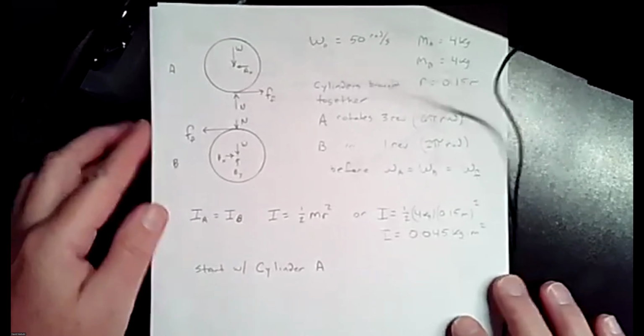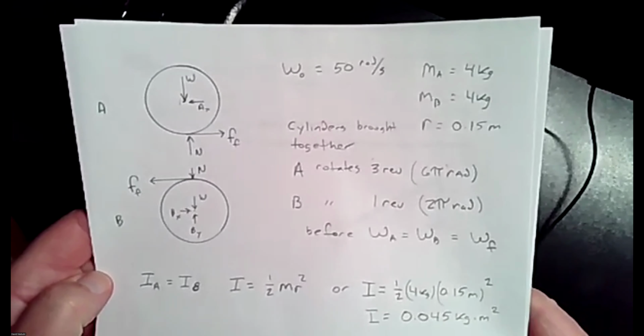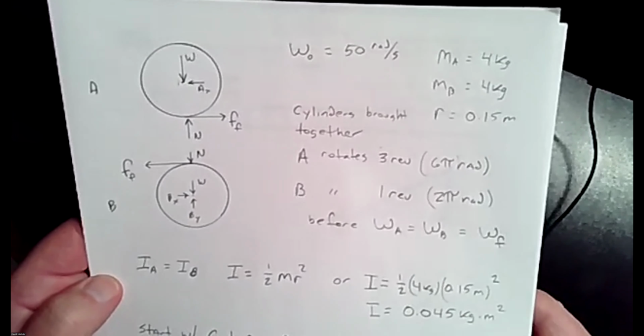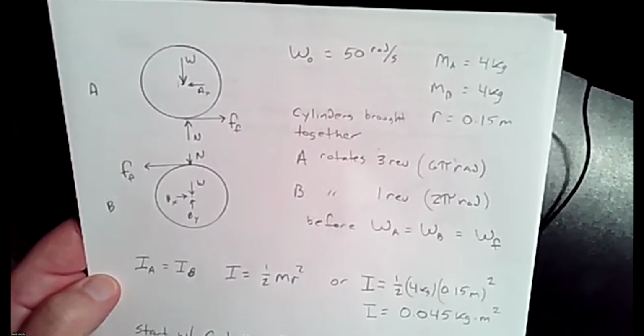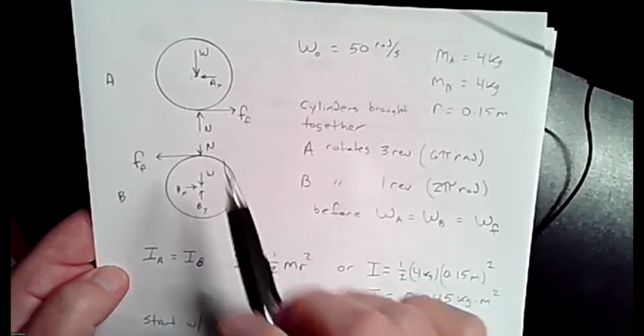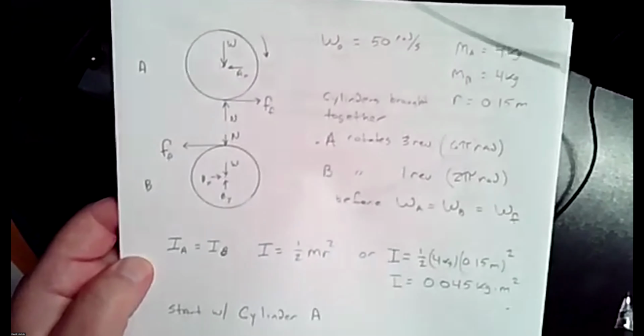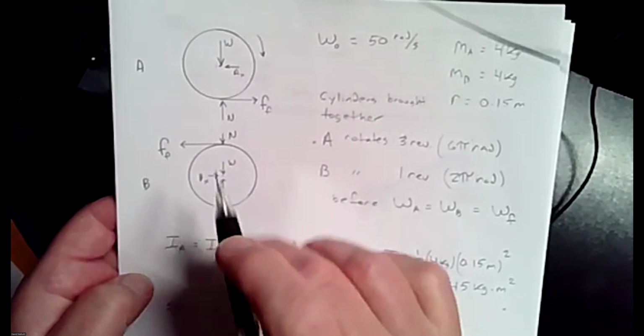Okay, so here's what we have. On the top we have disk A. So there's a reaction Ax, the weight, the friction force, which of course is in the opposite direction since it's being driven that way, and the normal force.